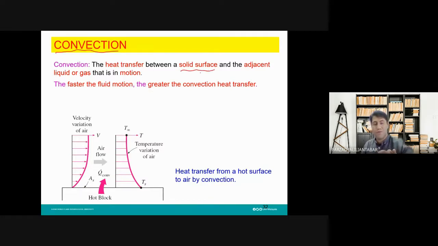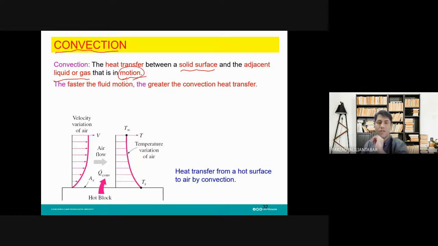This word is important. We need to have a solid and the adjacent liquid or gas that is in motion. All of these red lines or red words are important. Convection only happens if we have a liquid, a fluid actually, liquid or gas in motion.